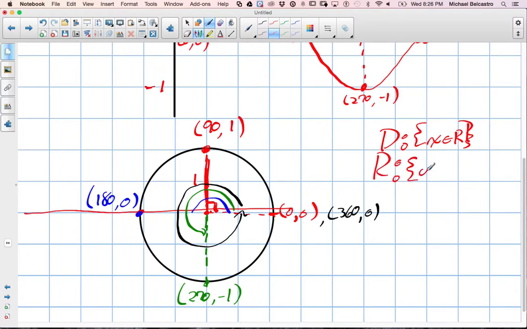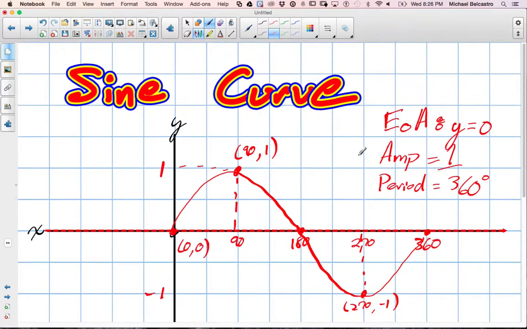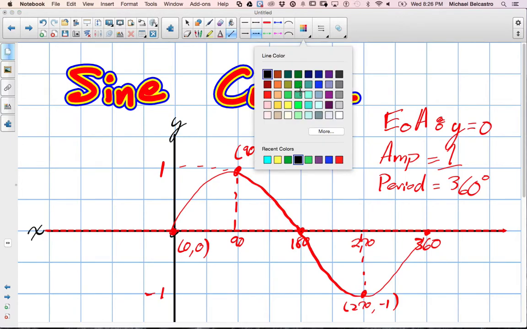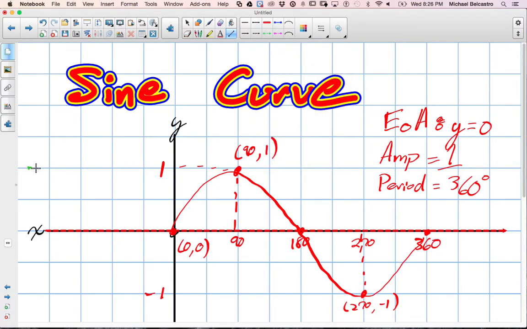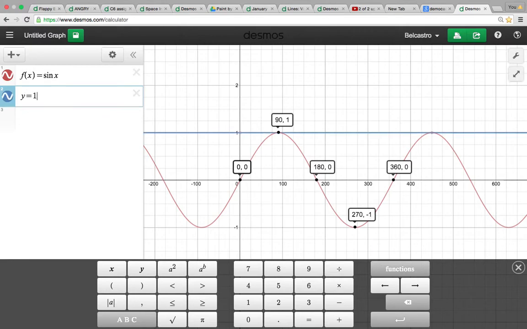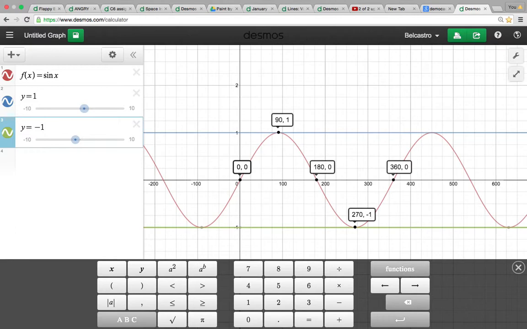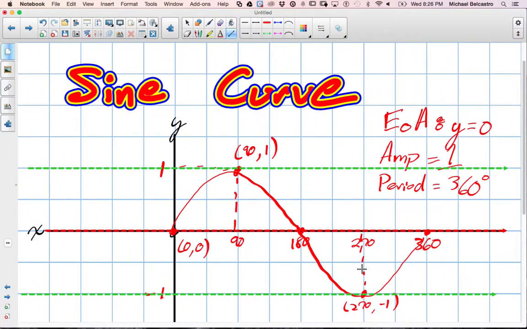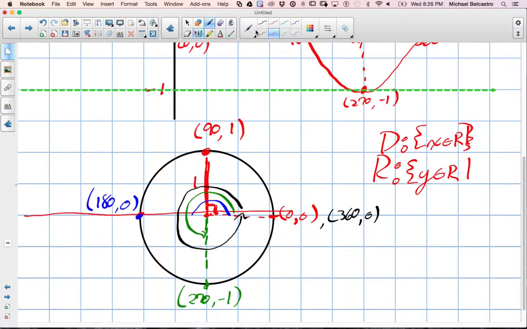It is continuous, so we'll say y is an element of all real numbers such that, well, it has a peak. The highest point is right here at 1, and the lowest point is right here at -1. And we show that on the graphing calculator. I can draw a straight line. y equals 1 touches all the tops. y equals -1 touches the bottom of all of them. So, in other words, it's contained within that range.